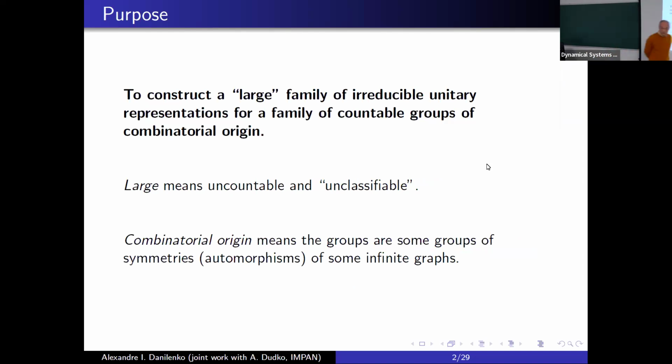So the purpose is to construct explicitly a family of irreducible unitary representations for a family of countable groups.